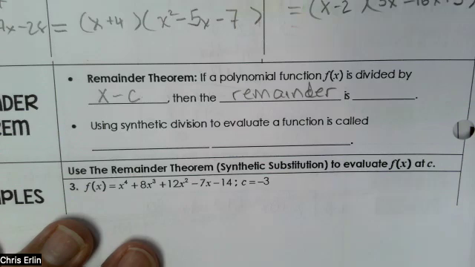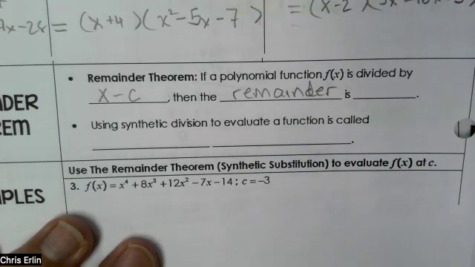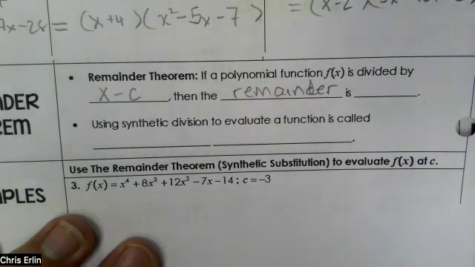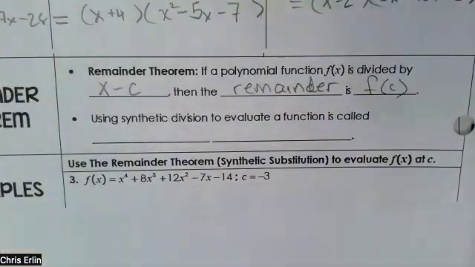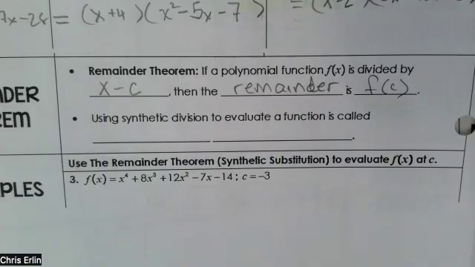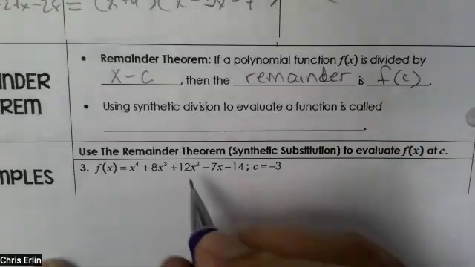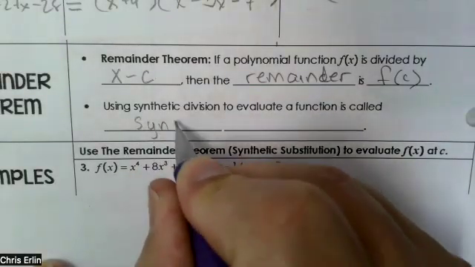The remainder is the same thing as what would happen if we had plugged in, in this case, c for every x along the way. F of c. So we can now use synthetic division a different way. We can use it called synthetic substitution.